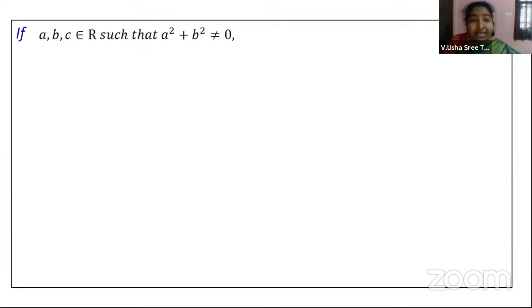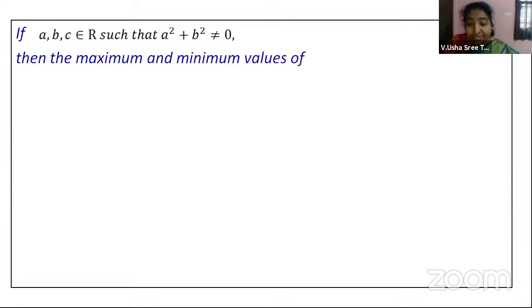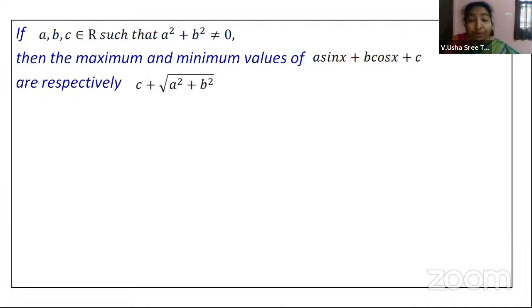If A, B, C are real values such that A square plus B square is not equal to 0, then the maximum and minimum values of A sin x plus B cos x plus C will be given by the formula, that is, C plus root of A square plus B square and C minus root of A square plus B square over all real numbers.